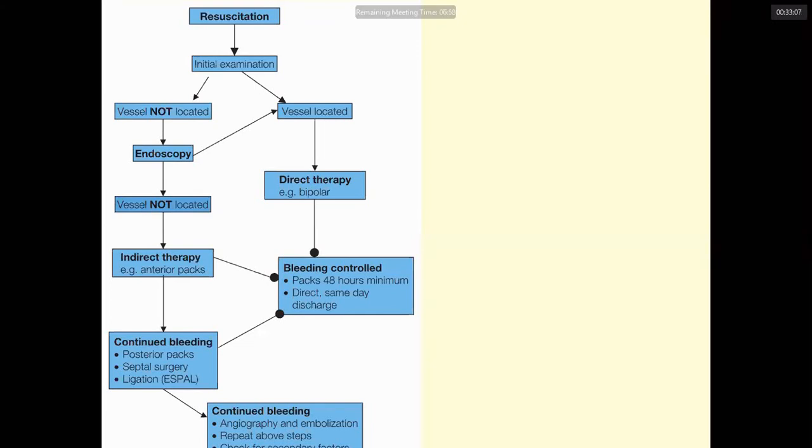Suppose it is bleeding from the Little's area, take the patient to the OR and just cauterize the area by bipolar cautery, the bleeding will stop and you send him back home. But if the bleeding is not localized, then you need to put the endoscope inside and look for the bleeding artery. If you can see the bleeding artery using the endoscope, then do electrical cautery, stop the bleeding, and send the patient back home.